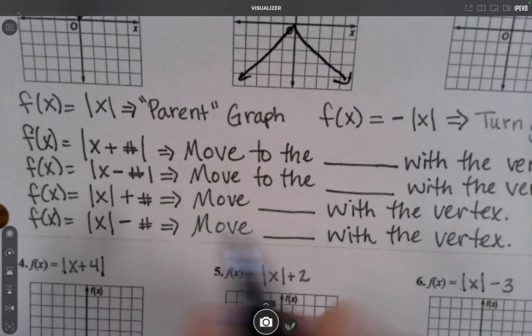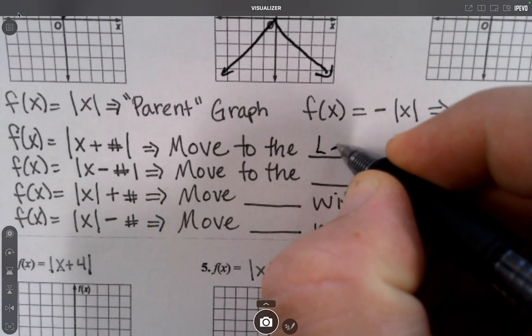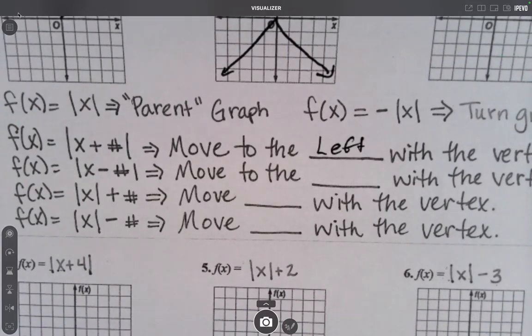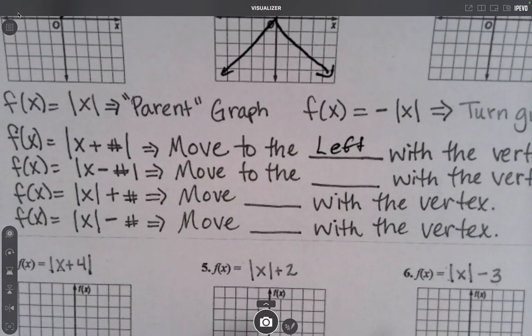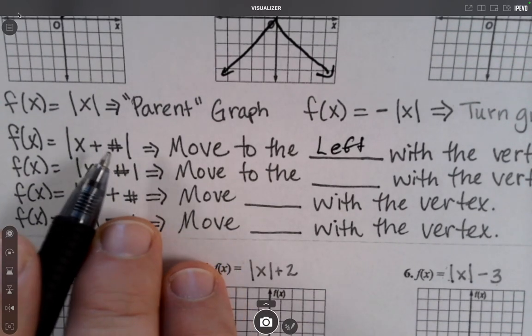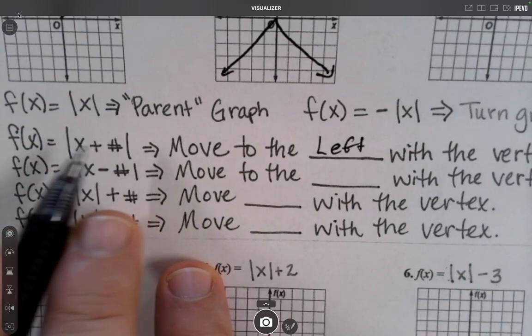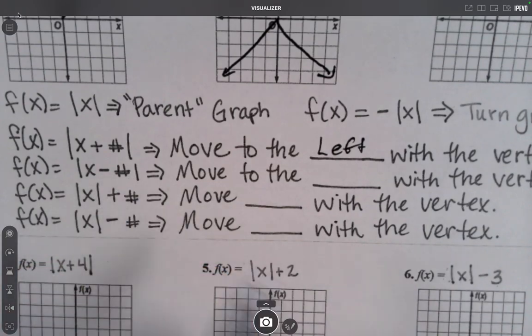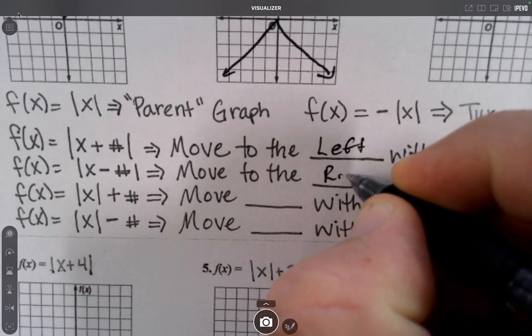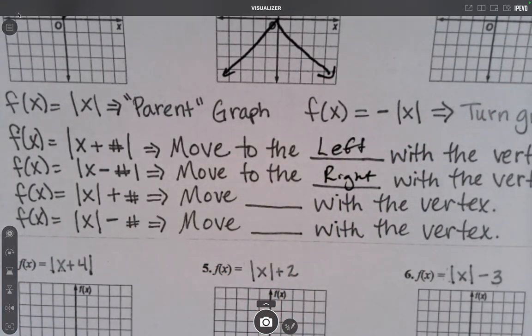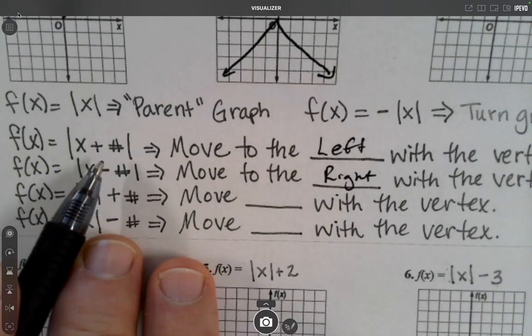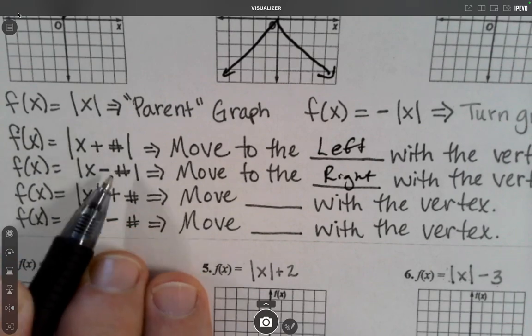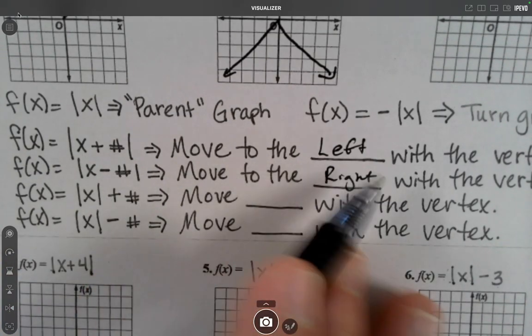When we add, it shifts it to the left, and it shifts it to the left this number of units. So if that's a 4, if it's x plus 4, it shifts to the left 4. If we're subtracting 4, it shifts it to the right 4. So when you have it adding or subtracting inside the absolute value, it shifts it horizontally.